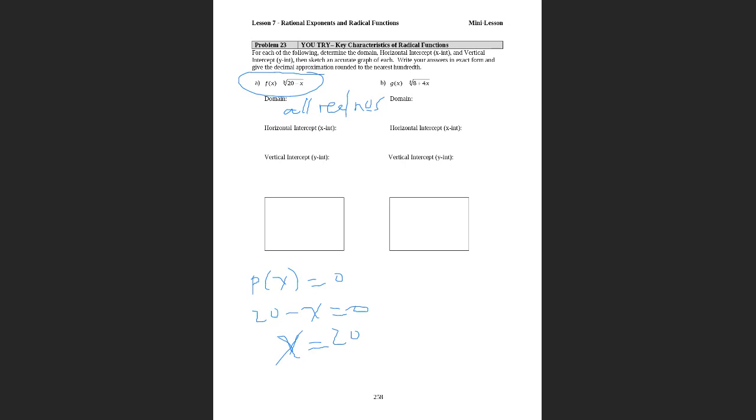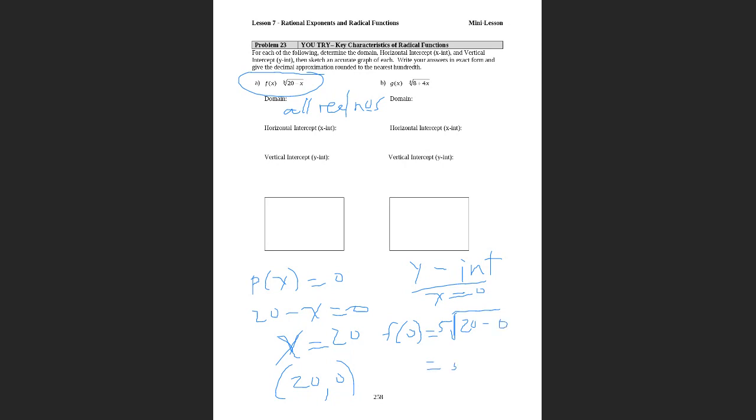What about the vertical intercept, or the y-intercept? Here we have x equals 20, so the point is 20, 0. For the y-intercept, x is 0, so you put that into the function: f of 0 equals the fifth root of 20 minus 0.